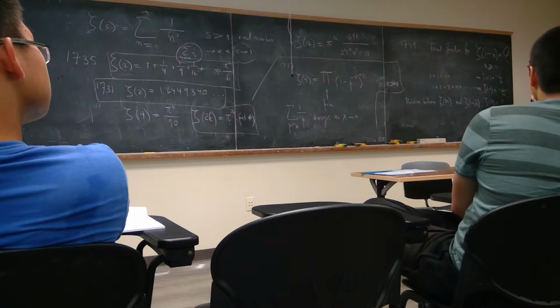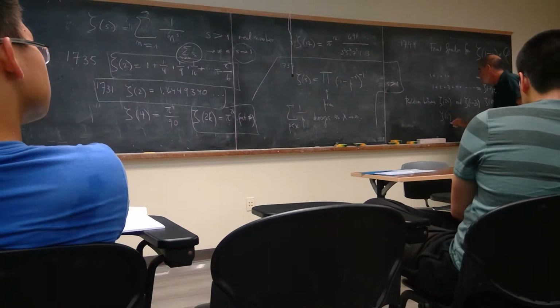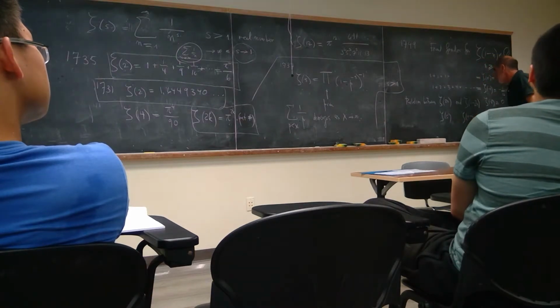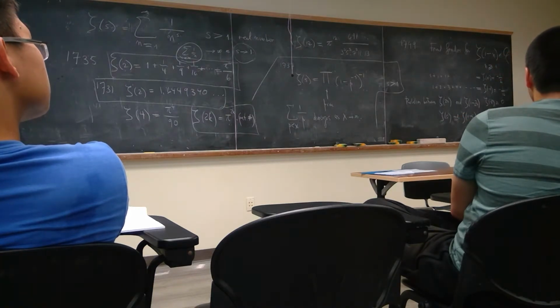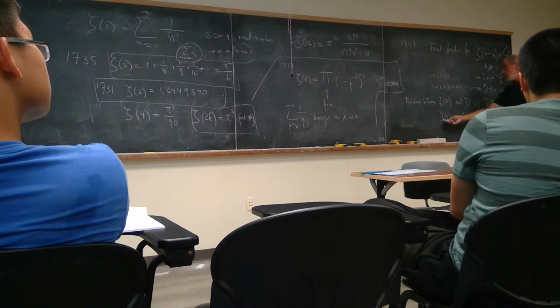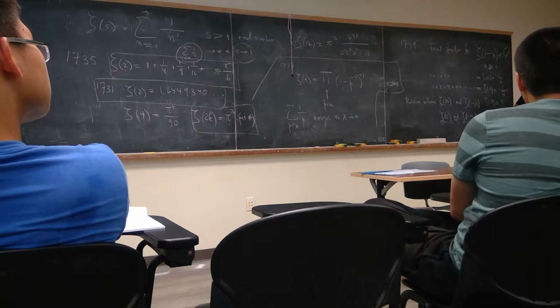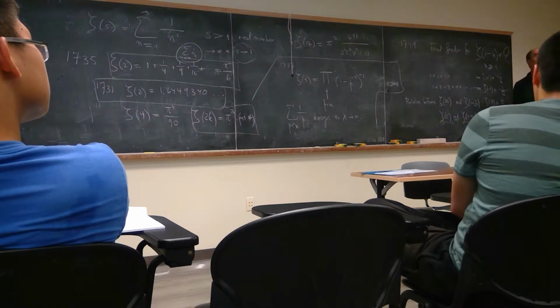And he guessed, and this is even more amazing, that there might be a formula between zeta of s and zeta of 1 minus s, whatever that means. And that's the so-called functional equation of the zeta function. Euler didn't have it, but he wrote down a relation that he thought would hold between this and this, if he could only define this properly, and checked that it was true for integers.